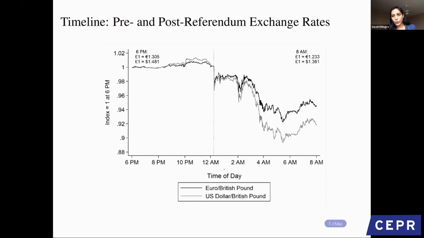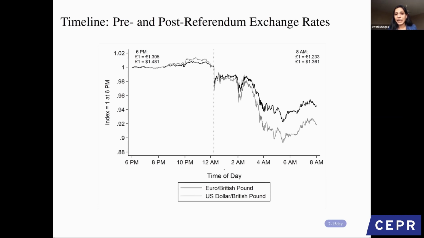We're only going to use the overnight shock that happened because we think that's the most exogenous, because after this point, at some point, the Bank of England is also going to come in to try and save the pound from declining further. What we're also going to utilize is the variation across currencies that happens on that night. The reason is that the pound depreciates a lot compared to the US dollar and the yen, and much less compared to other currencies like the euro and the Norwegian krona.